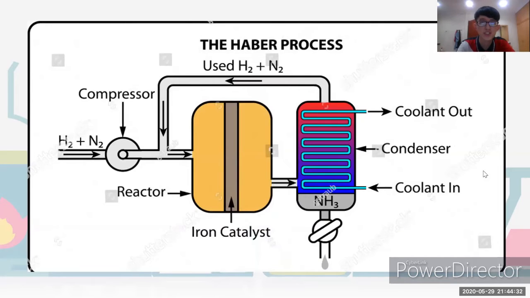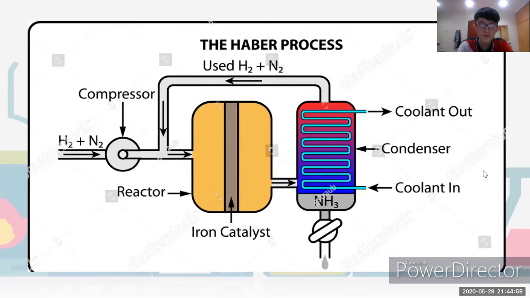This picture indicates the flow of the Haber process. First, hydrogen and nitrogen will pass through the compressor, which adjusts the pressure, and then be sent to the reactor in the presence of catalyst to let the reaction happen to produce ammonia.